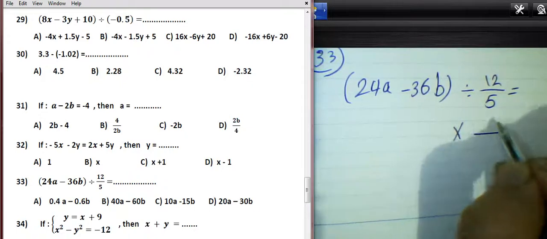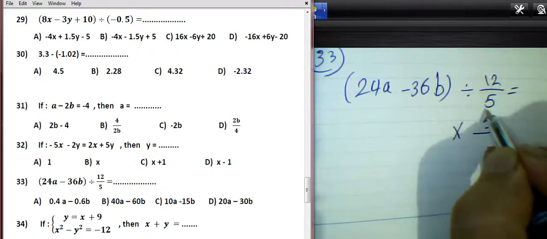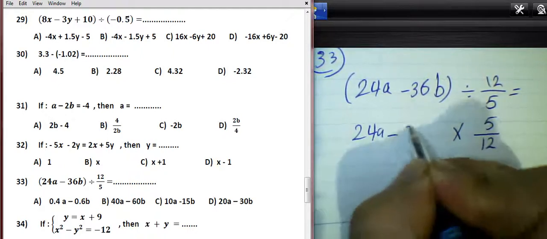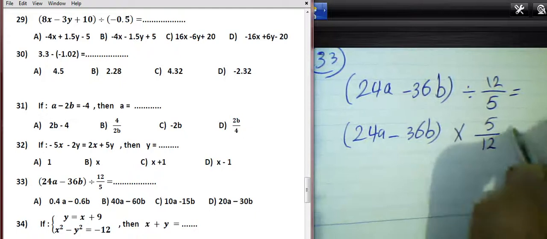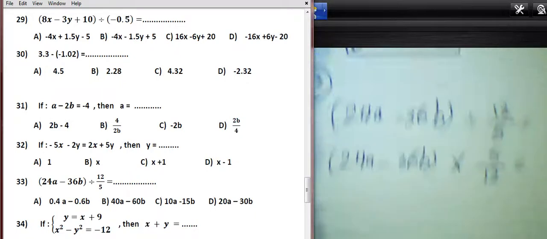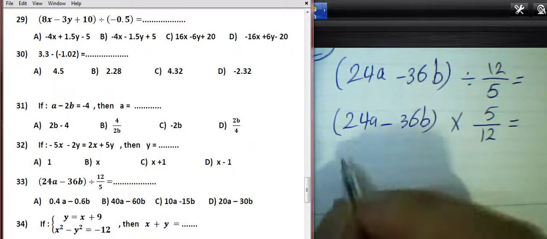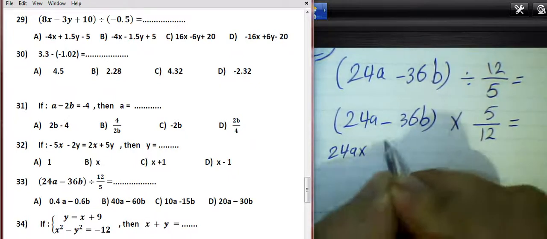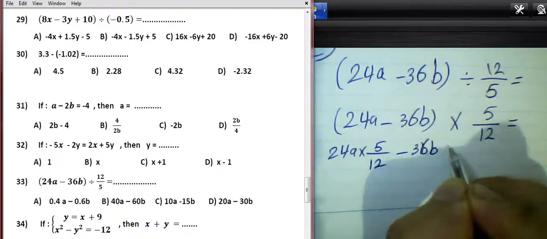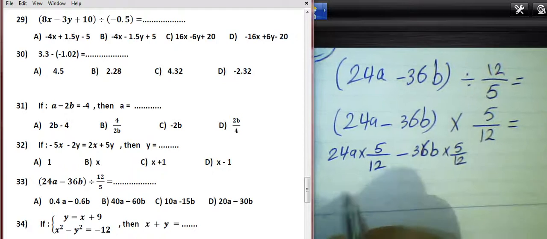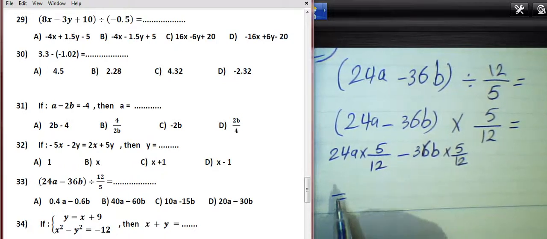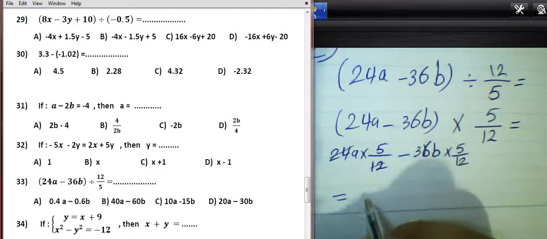Multiplication here, and write the inverse of the fraction 12 over 5, which equals 5 over 12, and 24a subtract 36b here. In the next step we can use the distributive property of multiplication. Okay, 24a multiplied by 5 over 12 subtract 36b multiplied by 5 over 12. Then we can simplify it by dividing 24 by 12 equals 2. 2 times 5 equals 10.